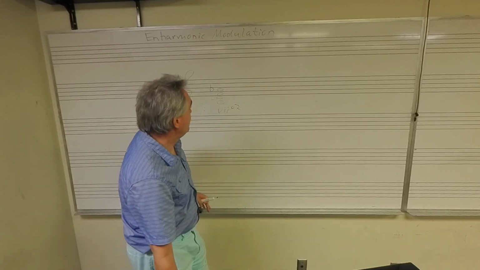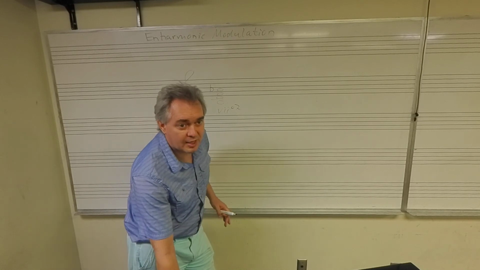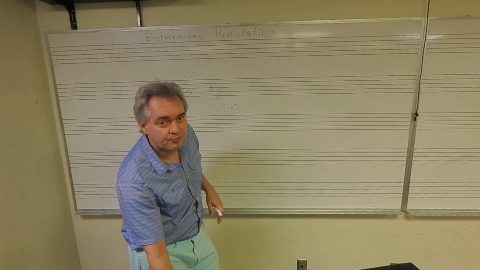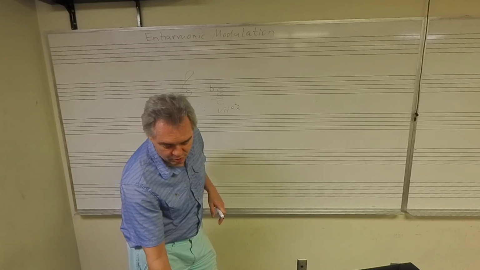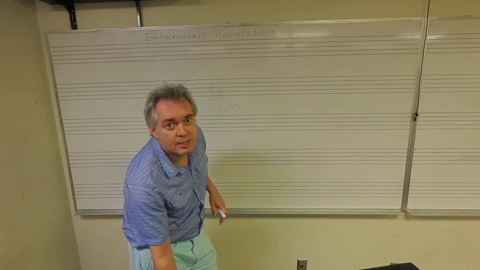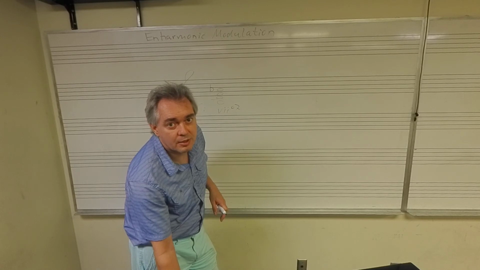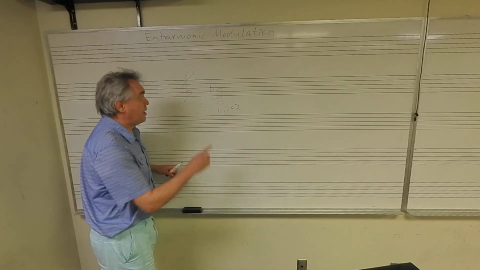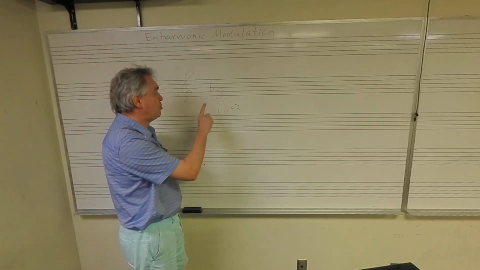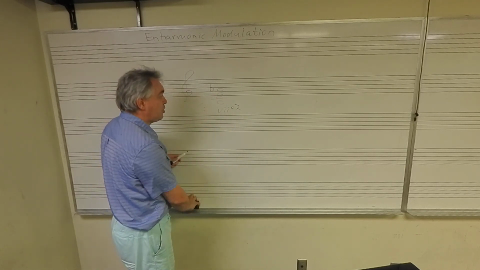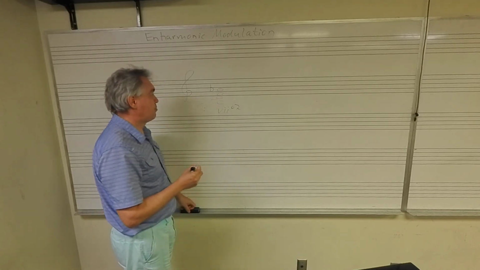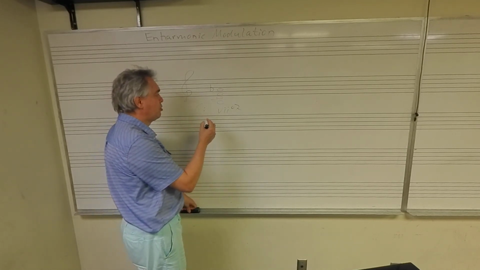Or if the A flat is the root of the chord, or enharmonically G sharp, then it leads to A major or minor. Right? So any of these notes, depending on whichever key we want to modulate into, could be the root of the chord.